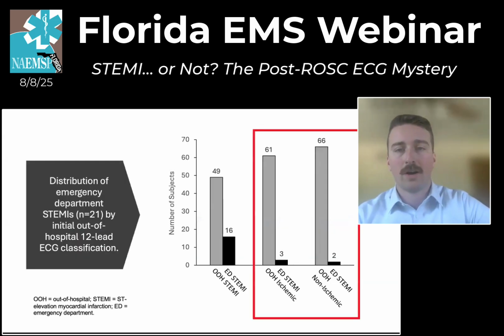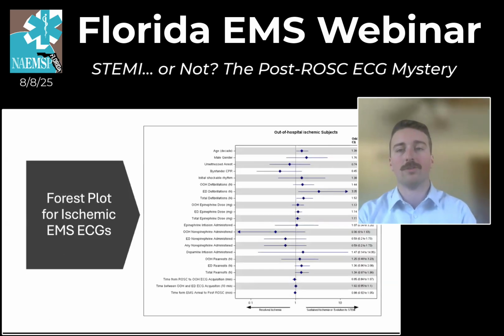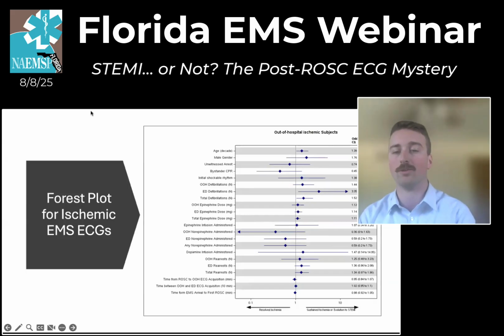So going back to here, we will briefly touch on these groupings of patients who had non-STEMI classifications in the out-of-hospital setting as well. So this is a noisy forest plot here. We were basically looking at, here are ischemic patients. We wanted to see what was associated with either sustained ischemia or evolution to STEMI, which is going to the right, versus resolution of ischemia, which would be a signal going to the left.